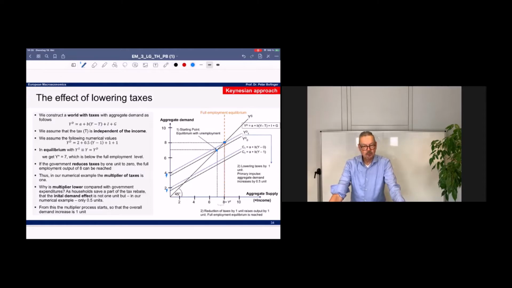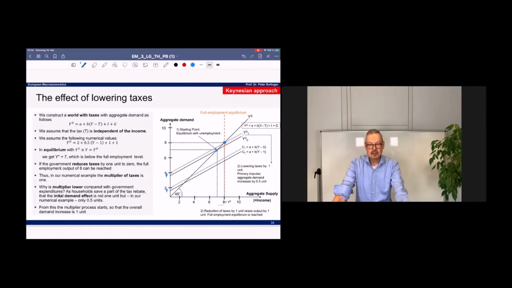And so we see, wow, that's not the same story as with the additional government expenditures, because in the case of expenditures, 1 unit of additional expenditures brings 2 units of additional equilibrium output. And here we see 1 unit of lower taxes just brings an increase of aggregate output by 1. So the multiplier is just 1.